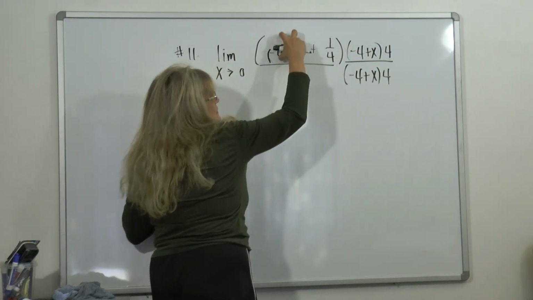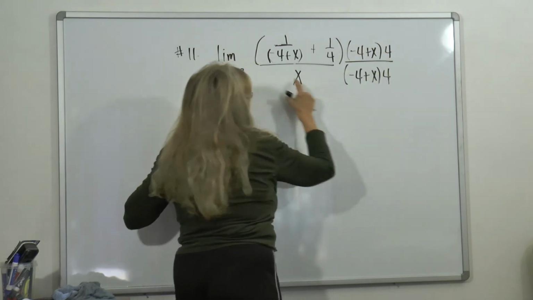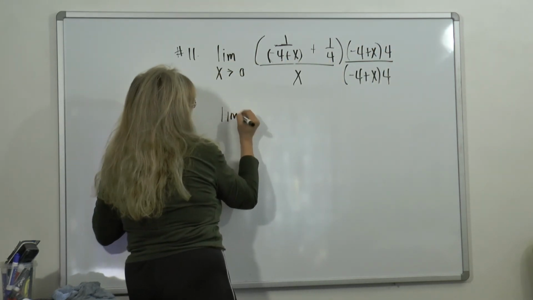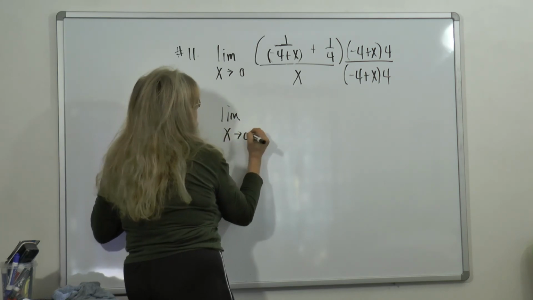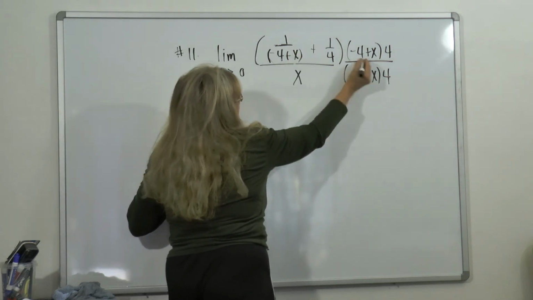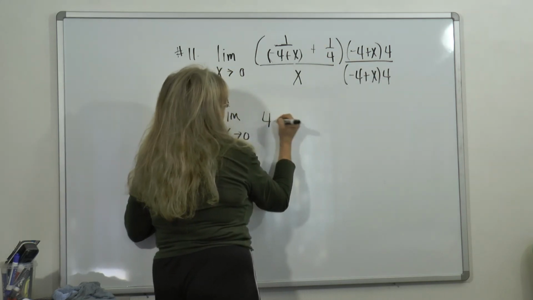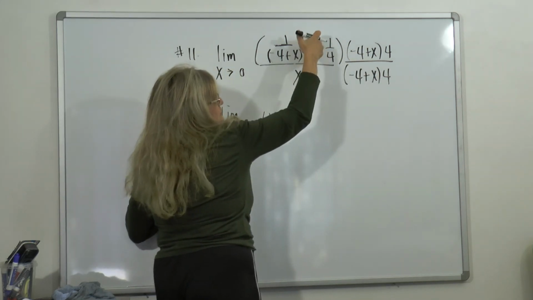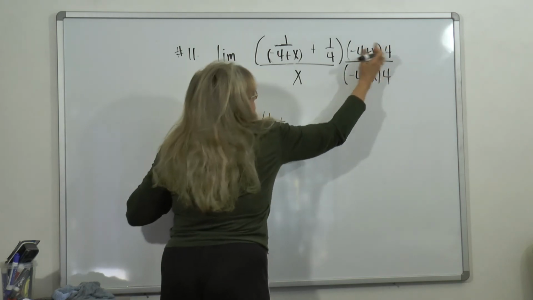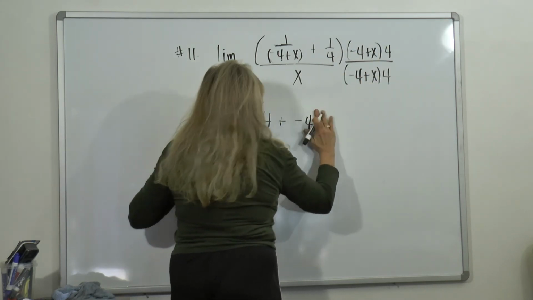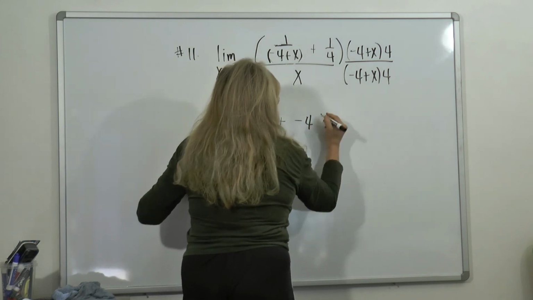When I take this fraction here times this stuff, the negative 4 plus x's cancel. So my limit is x goes to 0. That cancels with that, 1 times 4 is 4. When I take this fraction times those two, those 4's cancel, and I'm left with negative 4 plus x.